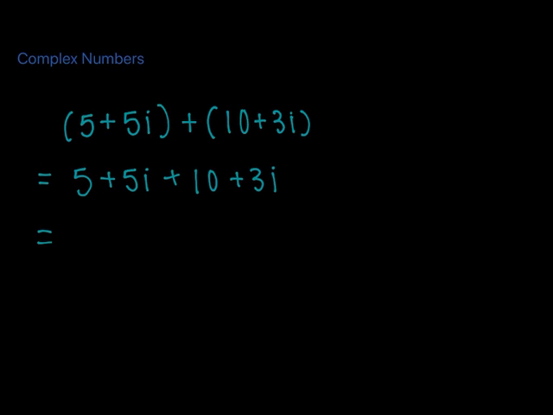If we add the complex numbers 5 plus 5i and 10 plus 3i, we would get 15 plus 8i.